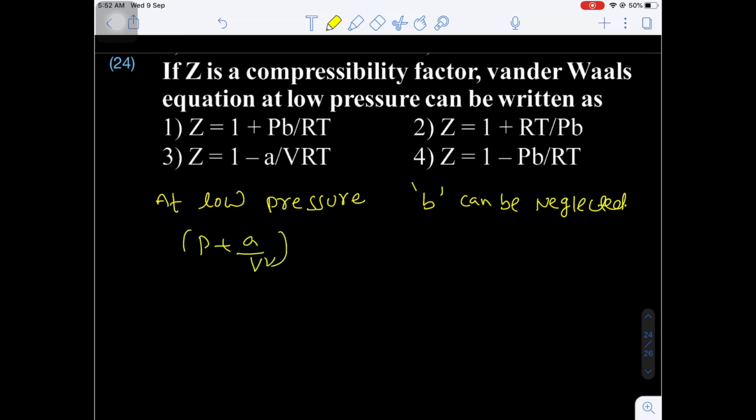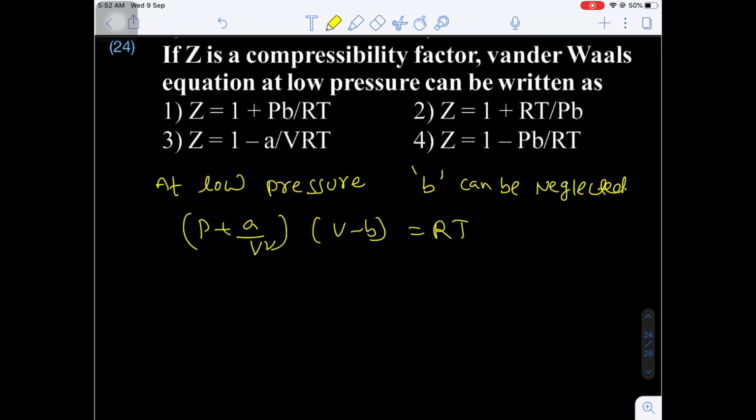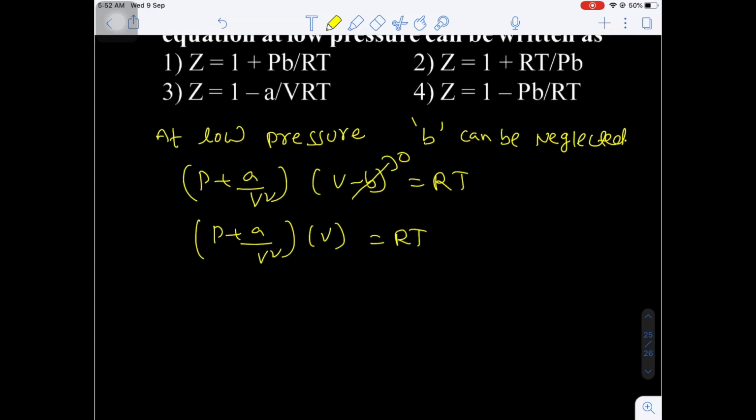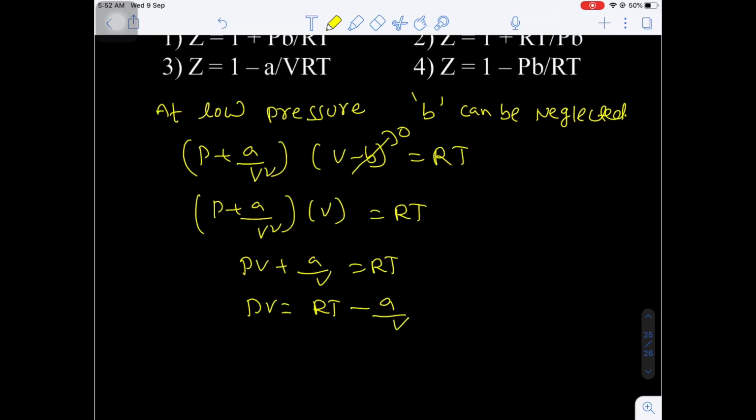So (P + a/V²)(V − b) equals RT for 1 mole of a real gas. Instead of b, I am writing 0, because at low pressure, not very low pressure, just low pressure, (P + a/V²)V equals RT. So PV plus a by V equals RT, so PV equals RT minus a by V.